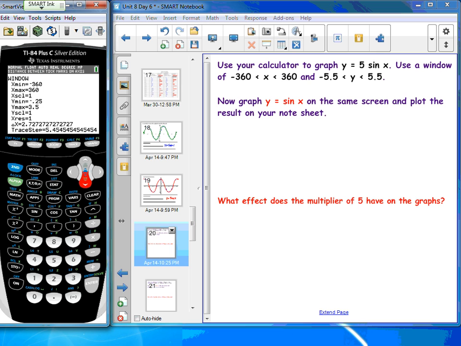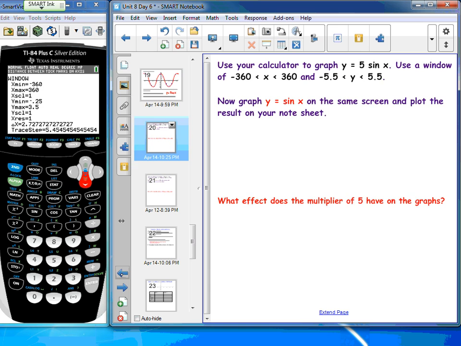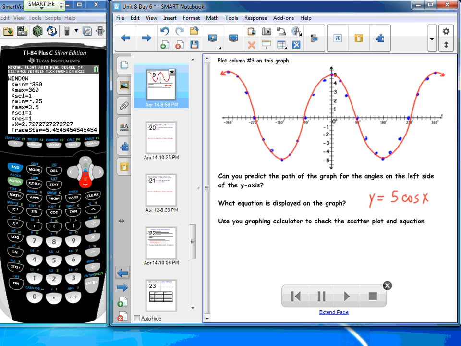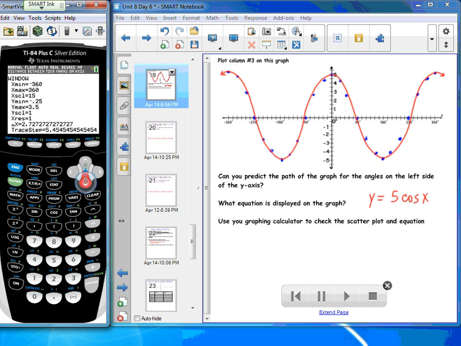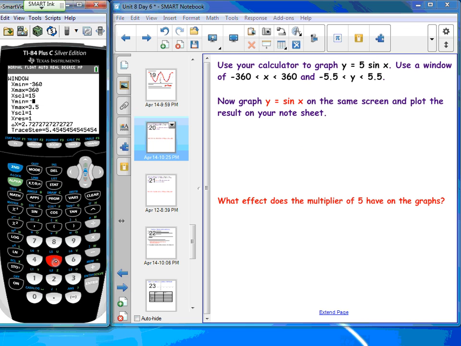Let's do our y window from negative 5.5 to positive 5.5.